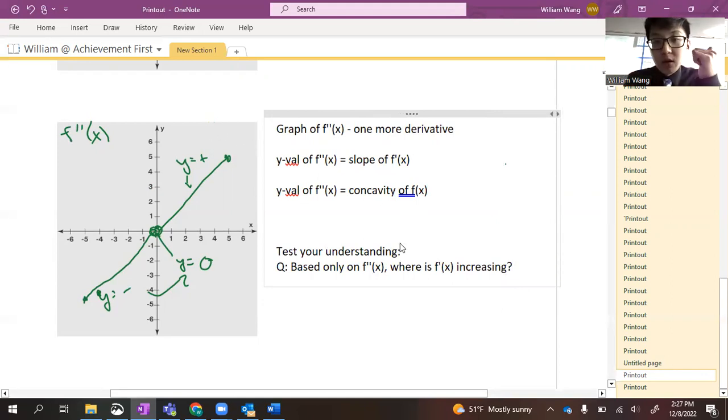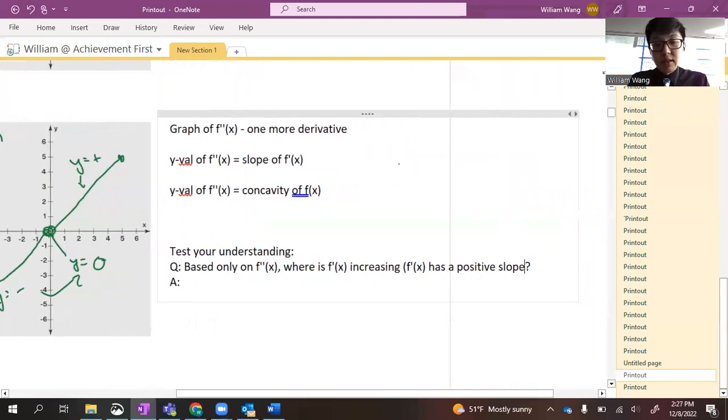I'm not going to scroll up. To help define this further, f prime of x would be increasing when f prime of x has a positive slope. That's the definition of increasing. Its slope would be positive.